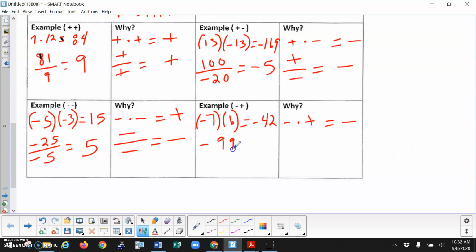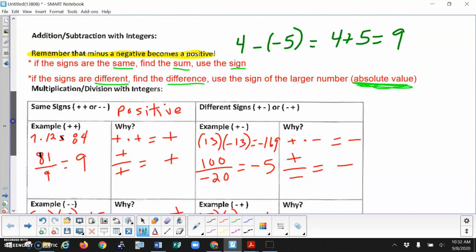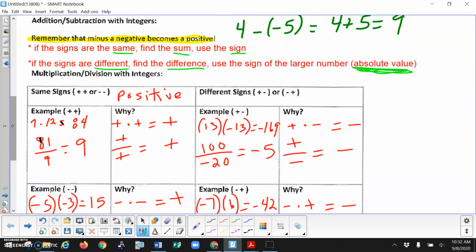If you had the negative number on top and the positive number on bottom, it doesn't matter. The answer is still negative. A negative over a positive is going to give you a negative. So long story short, if the signs are different, so we have a positive and a negative or a negative and a positive, the product or the quotient is going to be negative.